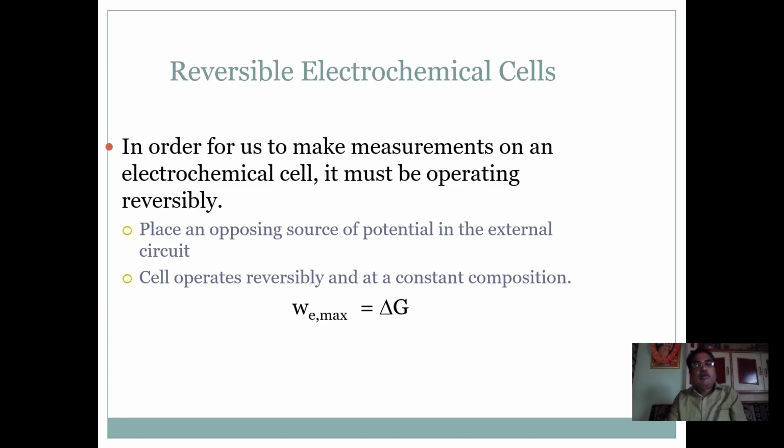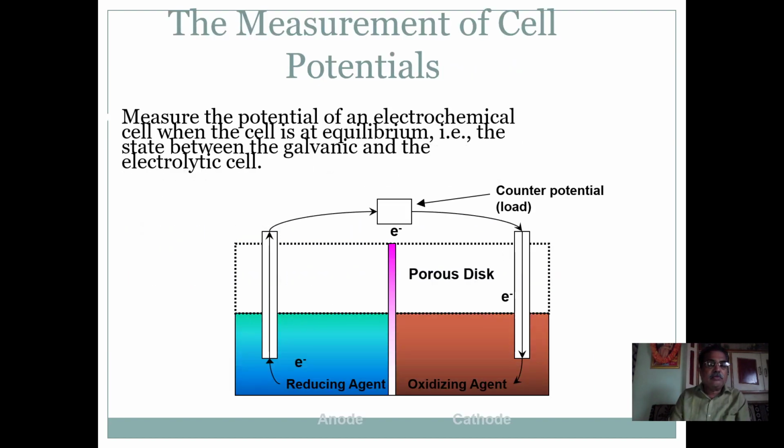We know maximum work done is equal to delta G. The measurement of cell potential: measure the potential of an electrochemical cell when the cell is at equilibrium. That is the state between the galvanic and electrolytic cell.